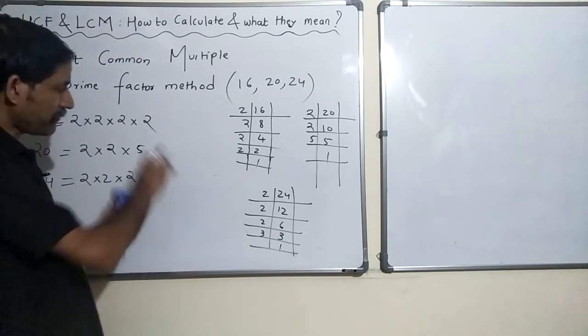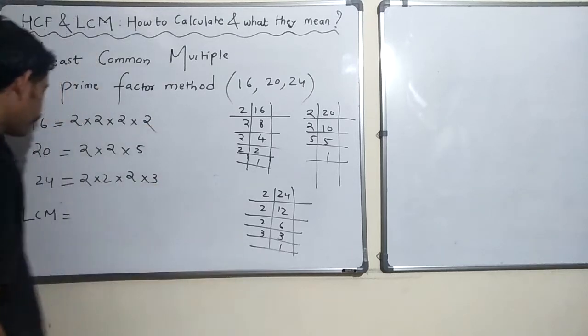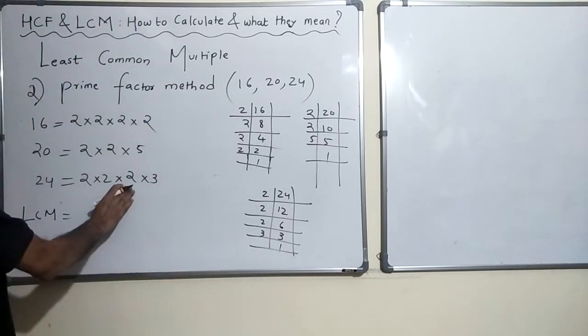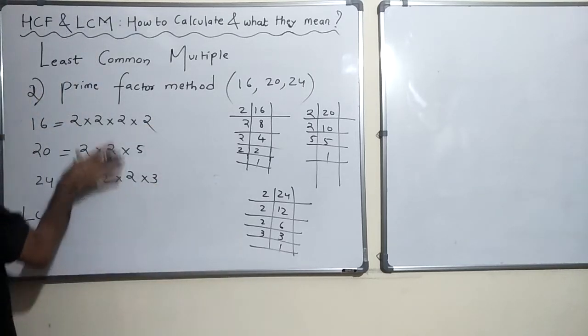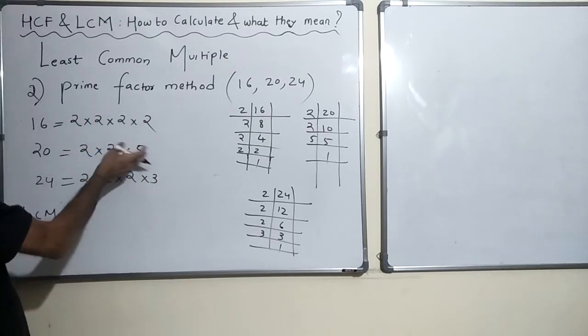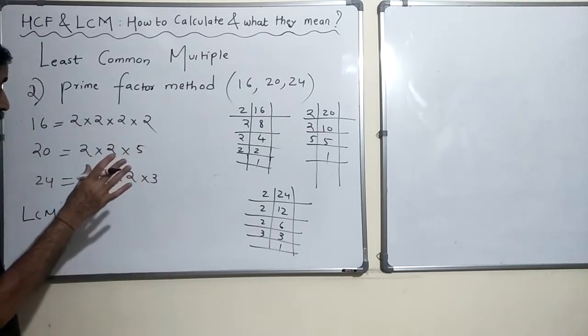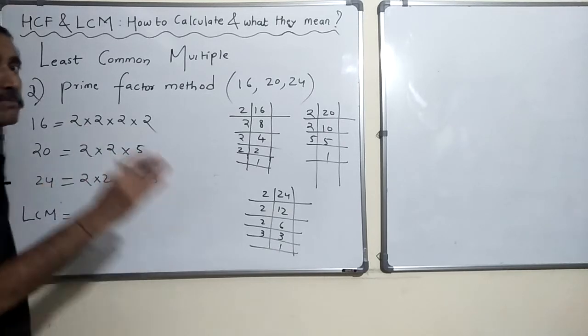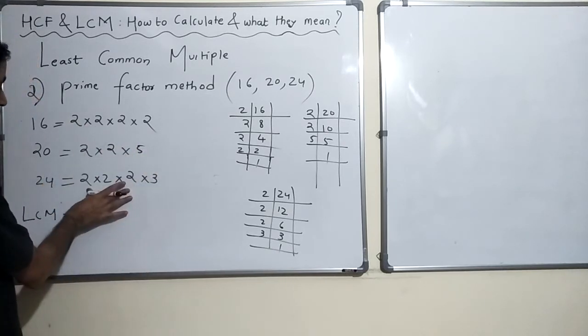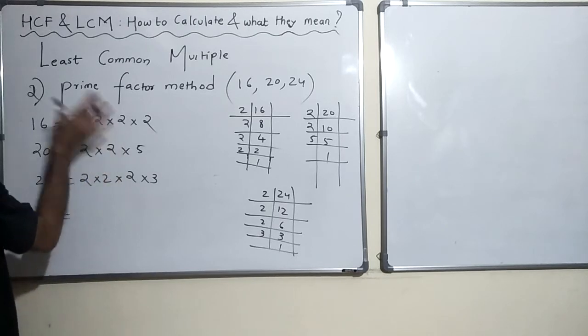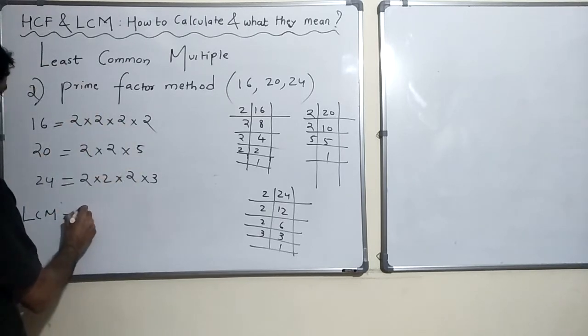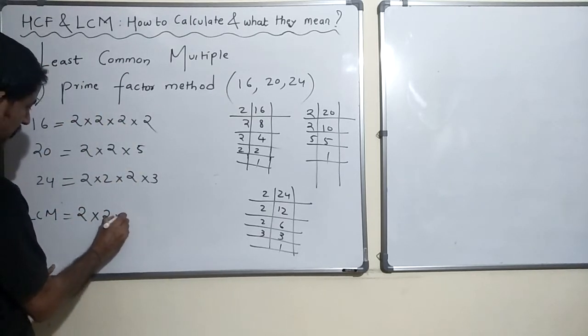Here we are going to try something different. I see that 2 is a factor of some, 3 is a factor of some, and 5 is a factor of some, right? So I am going to find where 2 appears the maximum number of times. Here 2 is there 4 times, 2 times, 3 times. So 4 times is the maximum. So I'll write 2 four times.